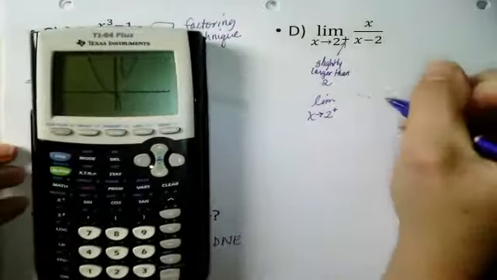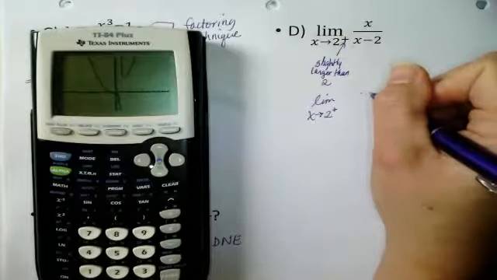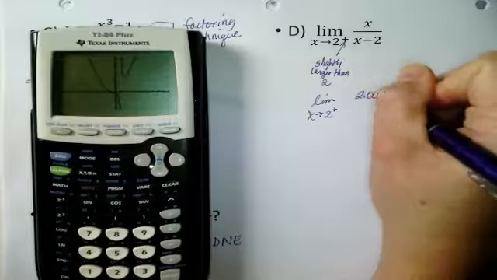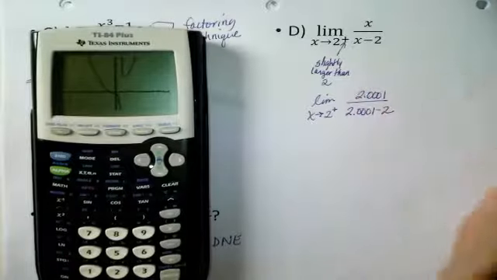So we could do that. We could plug in values like, I don't know, 2.0001 over 2.0001 minus 2.